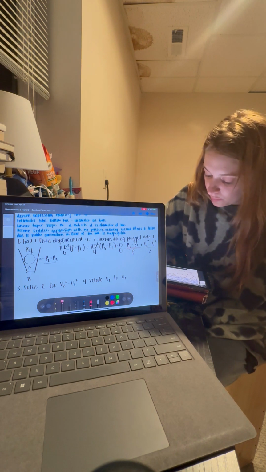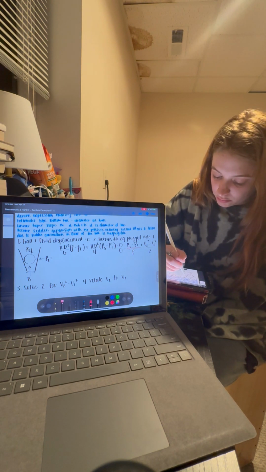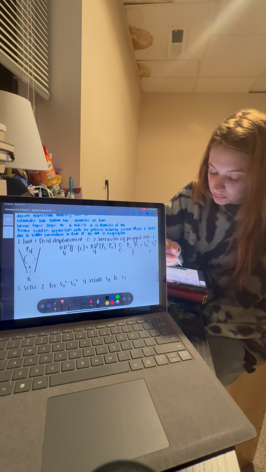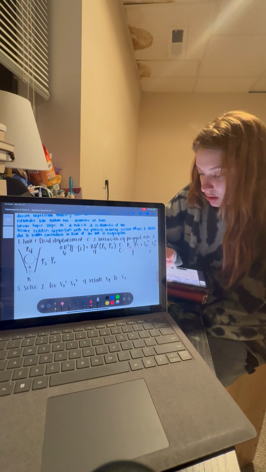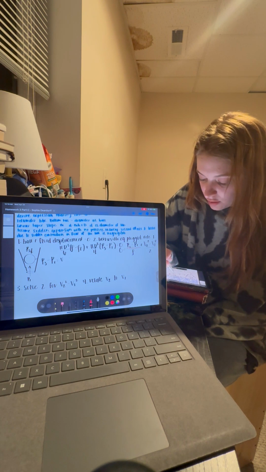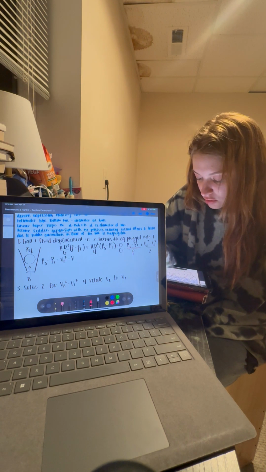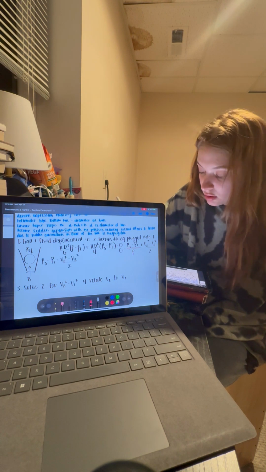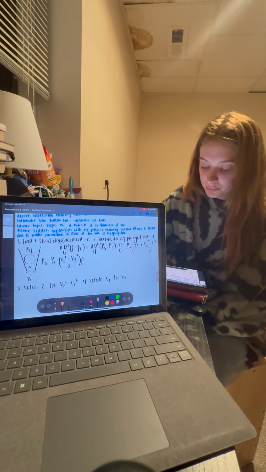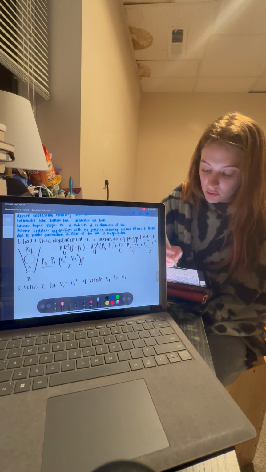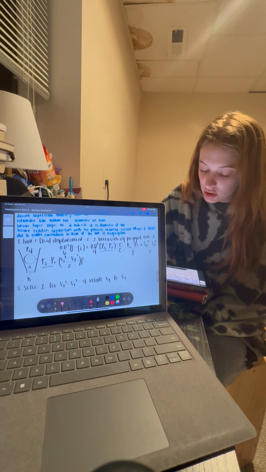So P3 minus P1 equals V1 squared minus V2 squared over 2 times the density. Now we can substitute this into this equation.